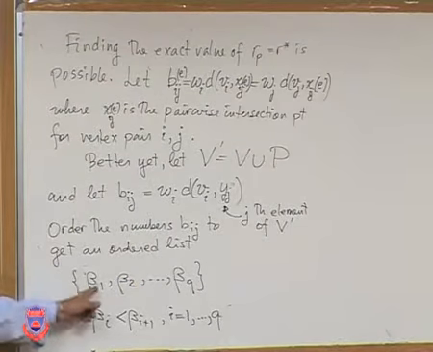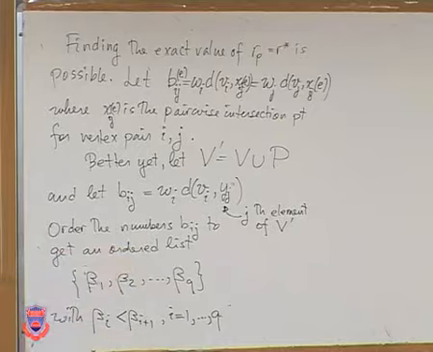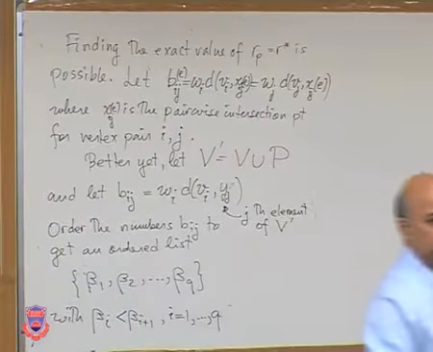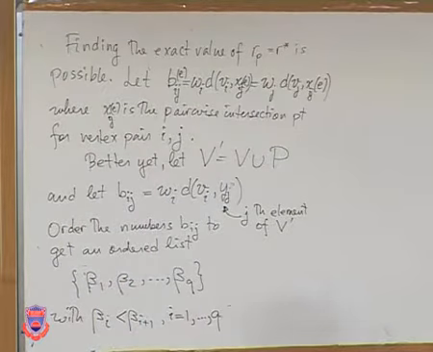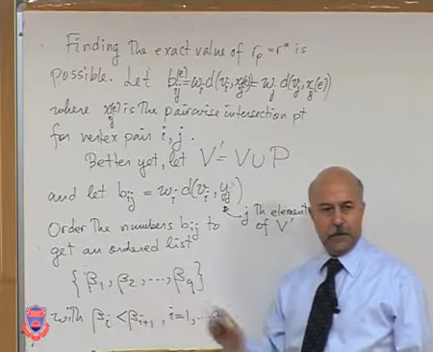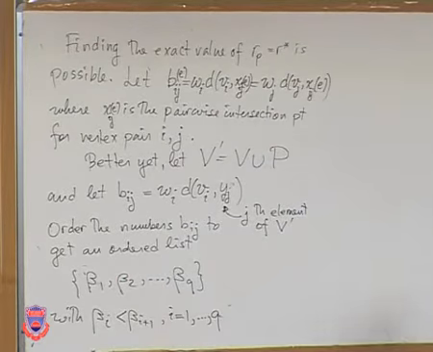With the smallest element being the first one, the largest element being the last one, and the order being preserved in this way. We're just picking the distinct numbers. So this is not a list, this is a set that has all possible values for RP.